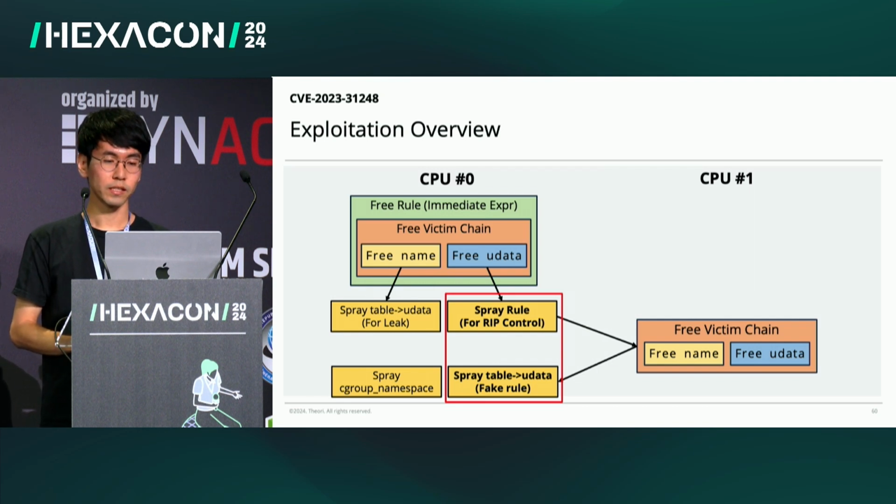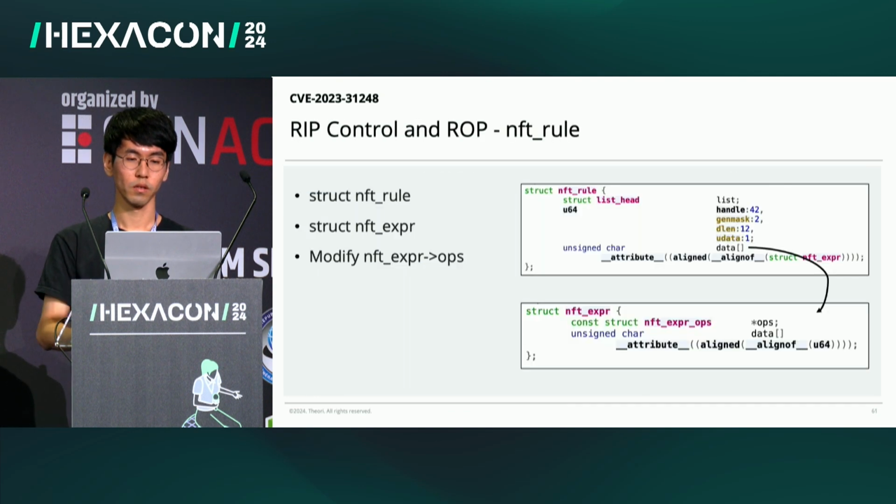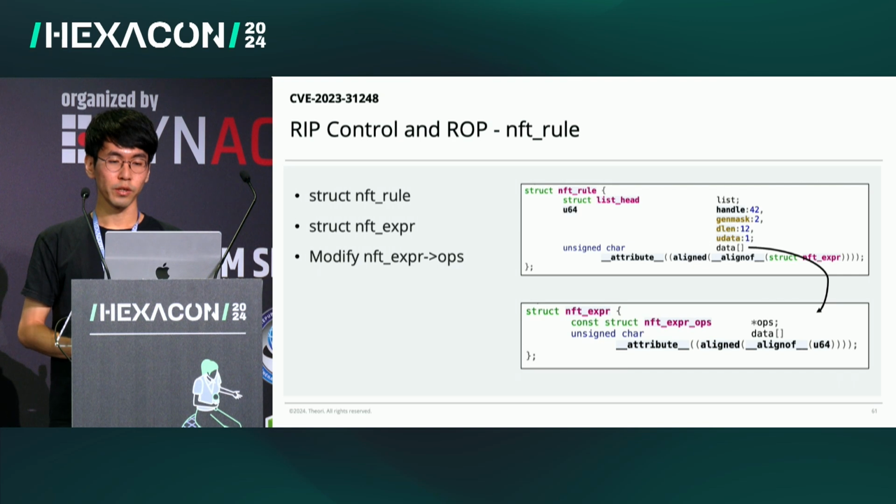All that's left is to control the RIP to perform the ROP. RIP control is done using the NFT rule object, which stores the NFT expression. The NFT expression contains the ops address of each expression.